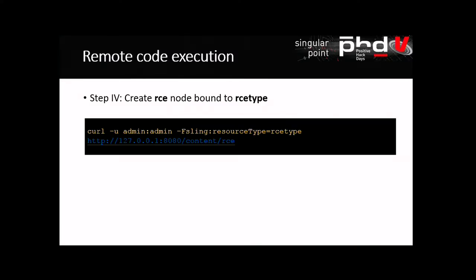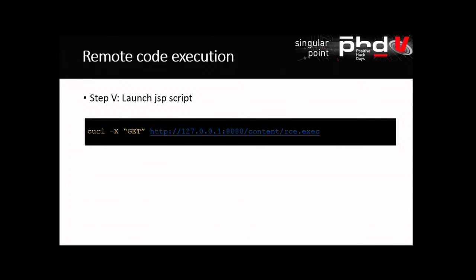Then we create an element RC and assign the property resource type RC type, and then we send a GET request. This rc.exec script, exec GSP, is performed.